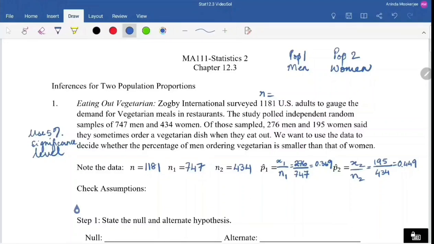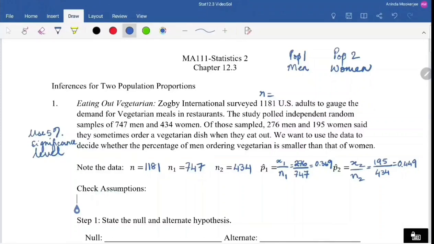Always show your answer to 3 decimal places. So that's why I've left it at 0.449, even though I could have rounded up to 0.45, but I'm not going to, because by default we use 3 decimal places, the thousandths place.